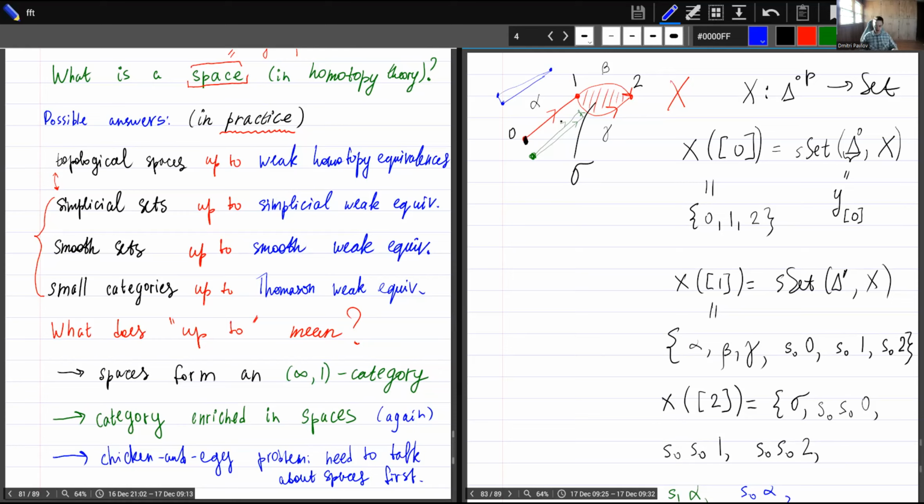Let me finish this example by saying what happens to the structure maps, right? So you have morphisms in this category. So what happens to such morphisms? For example, the two morphisms from 0 to 1.